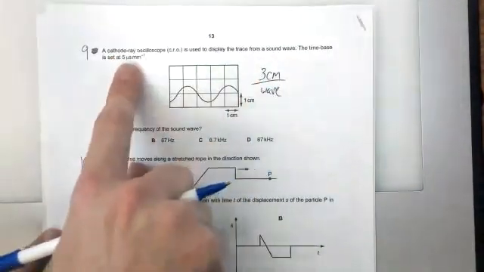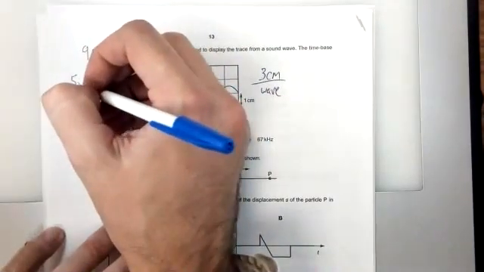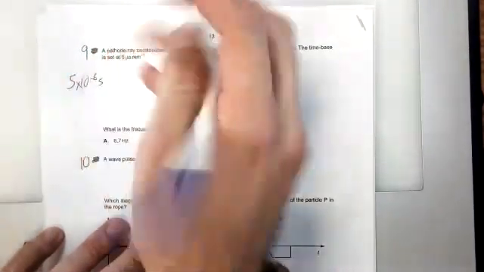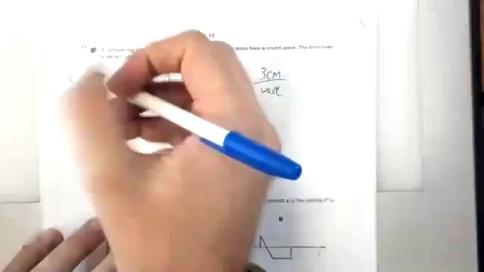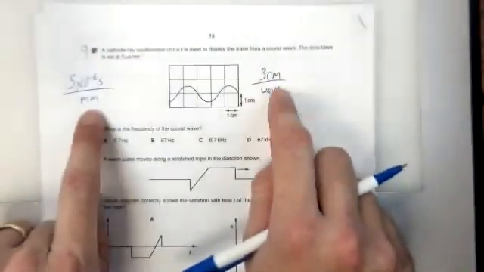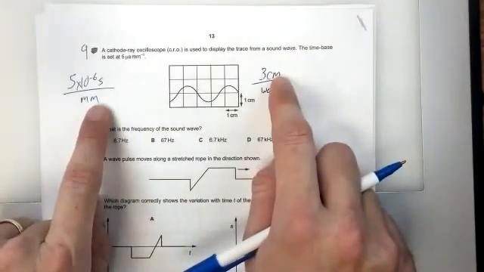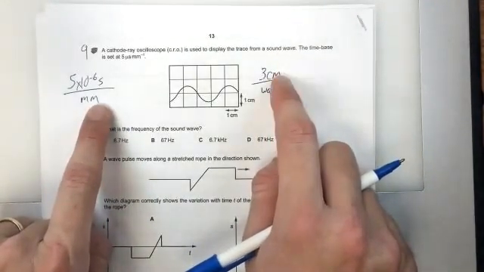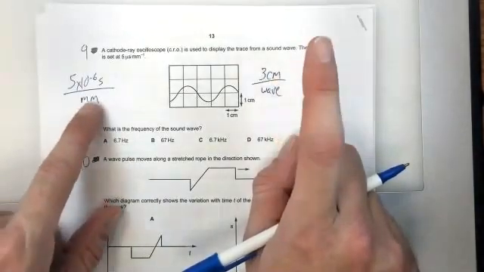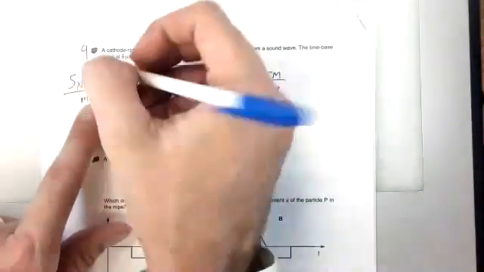But the time base is set at 5 microseconds per millimeter. So these aren't going to cancel out if I were to multiply them, right? Centimeters and millimeters won't cancel. So I either need to convert this to millimeters or this to centimeters. Probably easier to just convert 3 centimeters. That's going to be 30 millimeters.